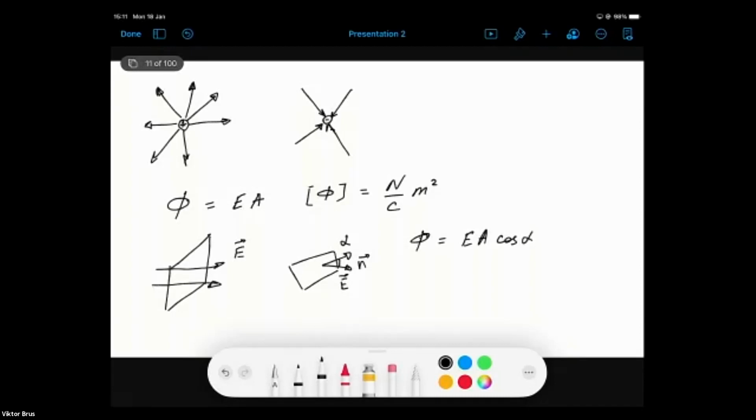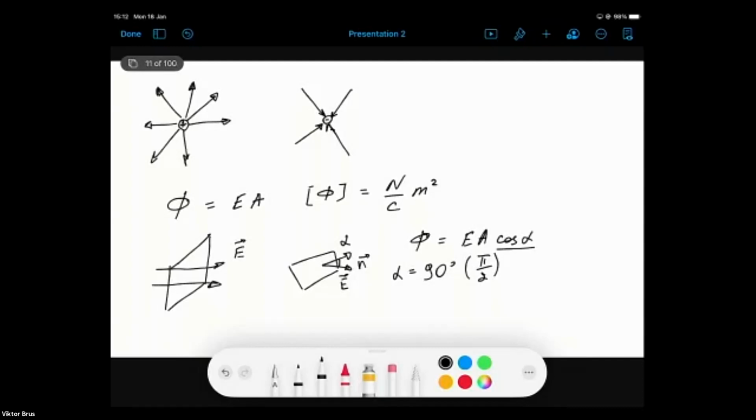If the normal to the surface is oriented at an angle of 90 degrees, or in radians pi divided by 2, then there is no flux through this surface, because in this case cosine 90 degrees will be 0, and the flux of electric field will also be 0.